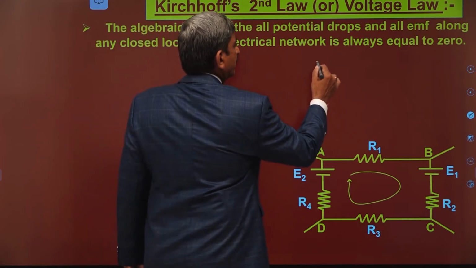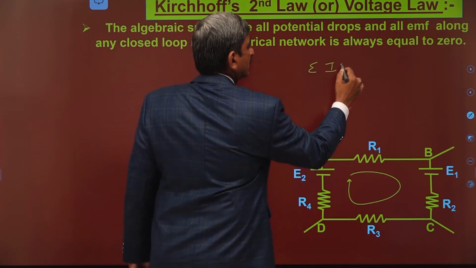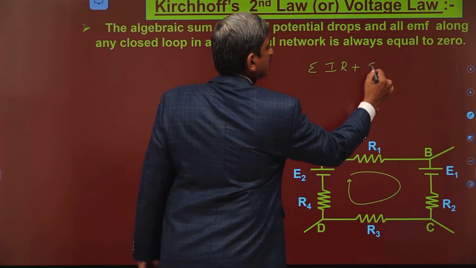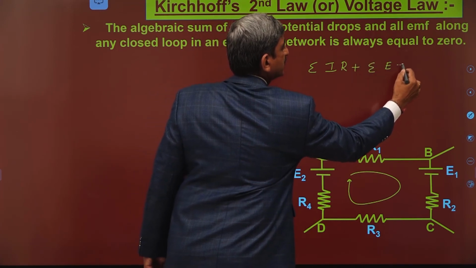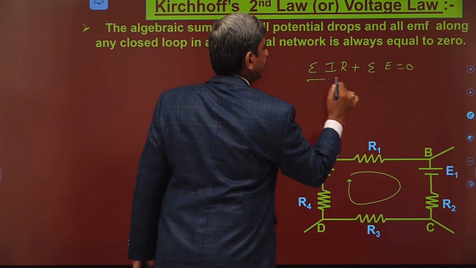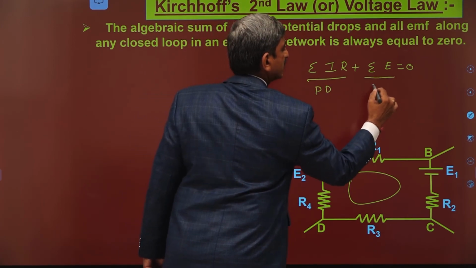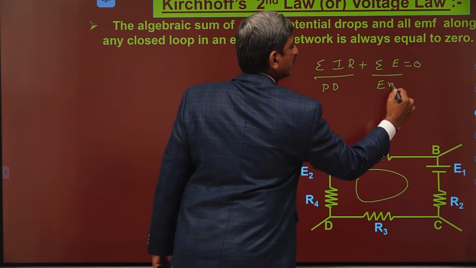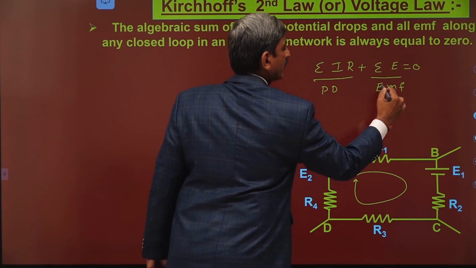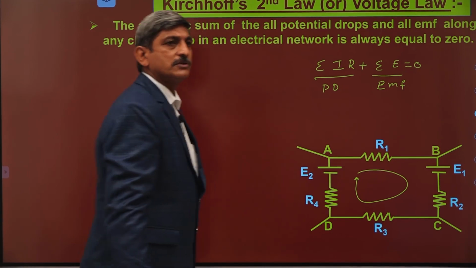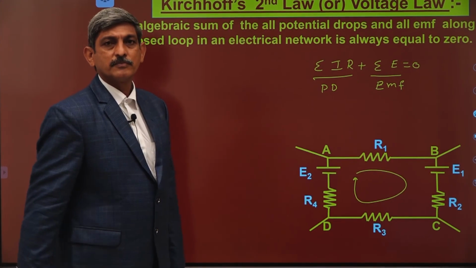Mathematically, we can write it as sigma IR plus sigma E is equal to 0. It gives the algebraic sum of the potential drops, whereas the other gives the algebraic sum of the EMFs. That is always equal to 0 across any closed loop.